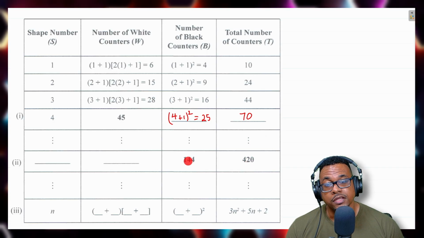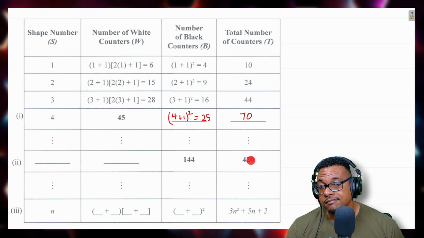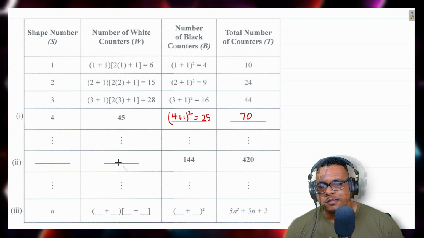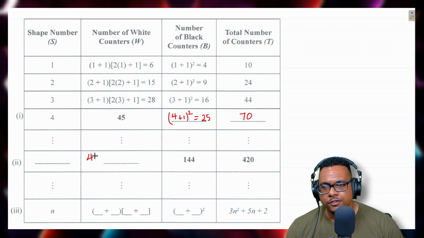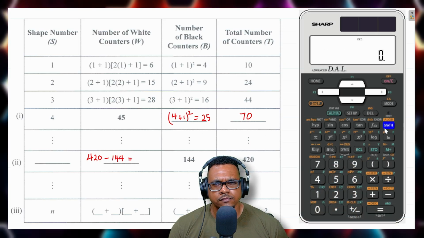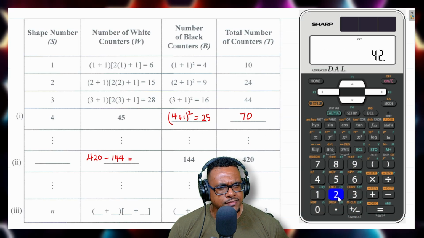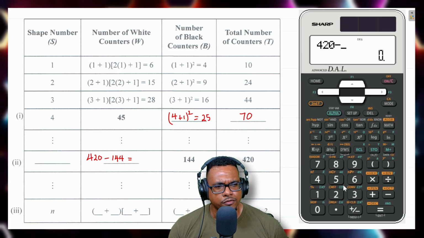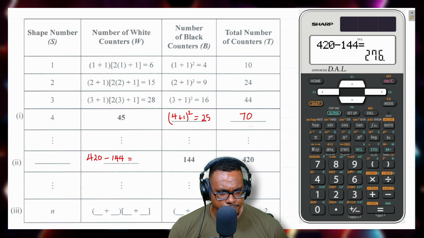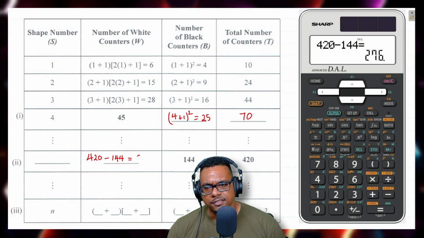So therefore, if you take away the 144 from 420, I'll get the total amount of white counters that's supposed to go here. So 420 take away 144, we get 276. So here I'm going to write 276.